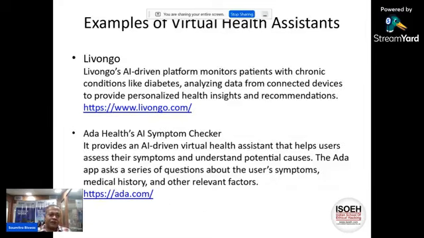There are two companies, Livongo and Ada Health System Checkup. And what they do, they help patients with conditions like diabetes, as in Livongo, analyzing data from connected devices to provide personalized health insights and recommendations.